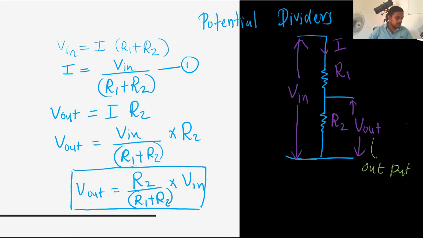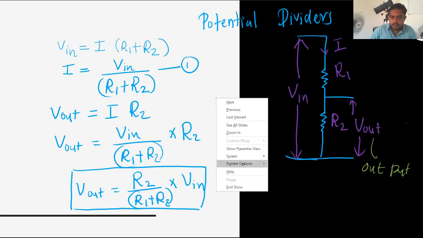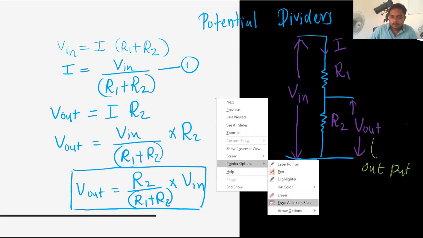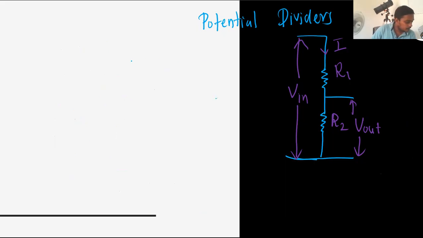Calculate the potential across R, and explain without further calculation what will happen to the value of the output signal if resistance R is decreased. That is a little bit confusing question. I'm going to erase this part. So now I have a potential divider formed with a resistor and a rheostat, a variable resistor.